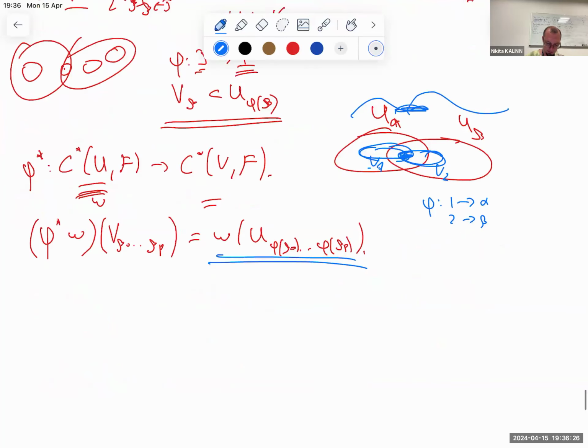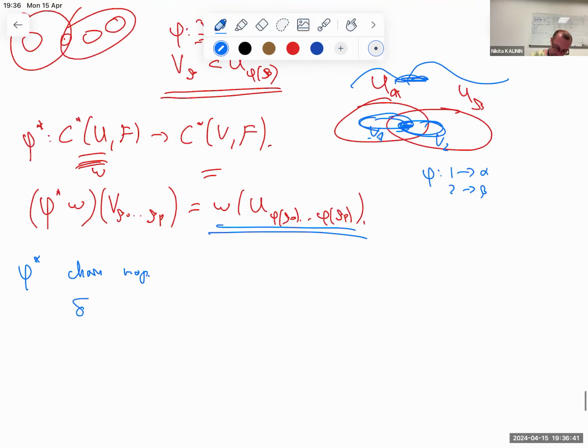So that's the definition. Then this phi star is a chain map, so it should commute with the differential. Okay, let's see how it commutes with the differential. So we just need to show that delta phi omega, then we compute it on V beta 0, ..., beta p plus 1.